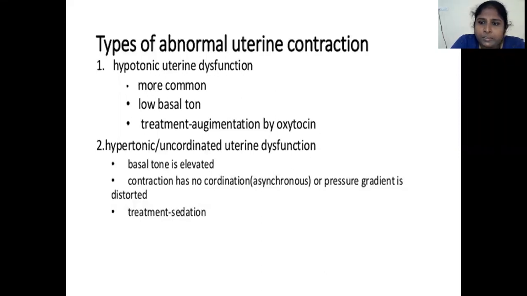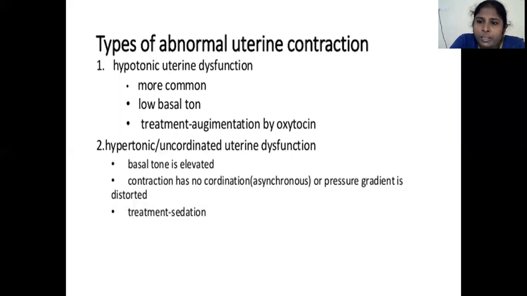Here what happens is basal tone is decreased, and you can augment the poor uterine contractions by adding an oxytocin drip through normal saline. For a primary gravida, you put 1 ampule oxytocin in 500 ml normal saline, and for a second gravida, half ampule oxytocin is added.